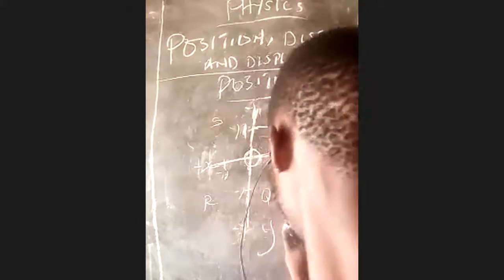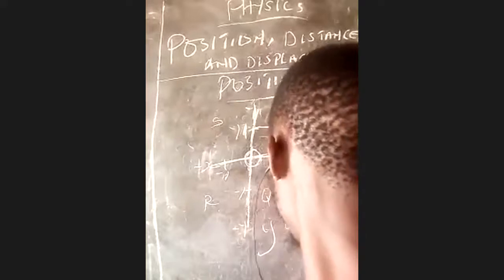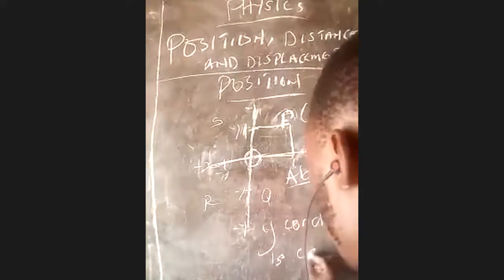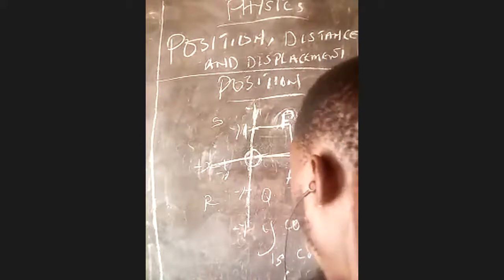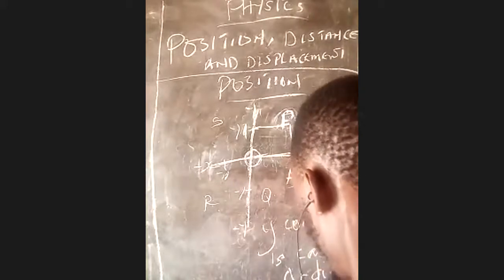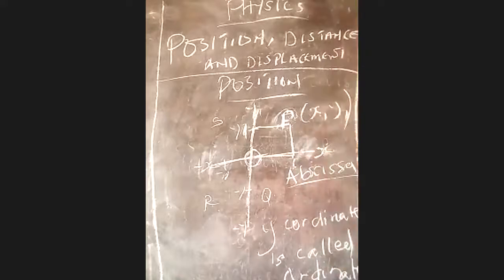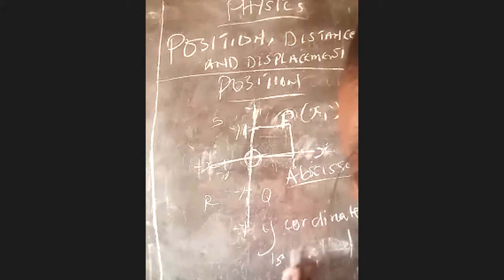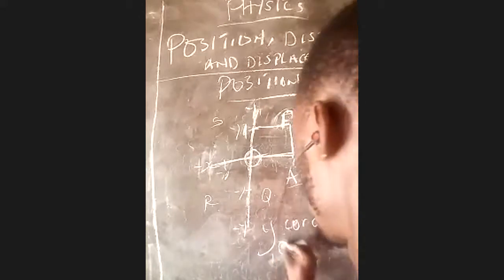The S coordinate is called abscissa. The Y coordinate is called ordinate.